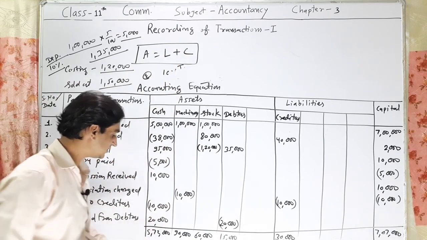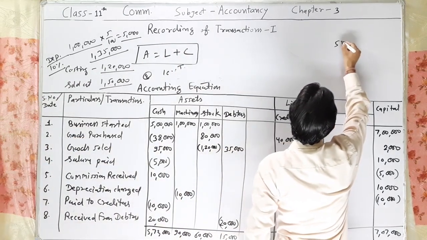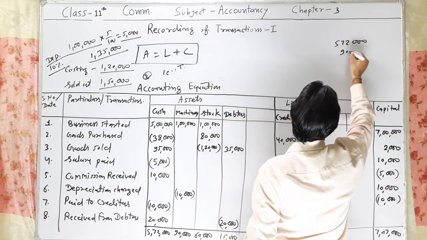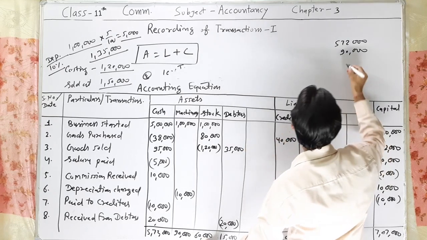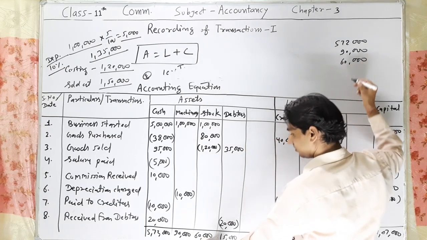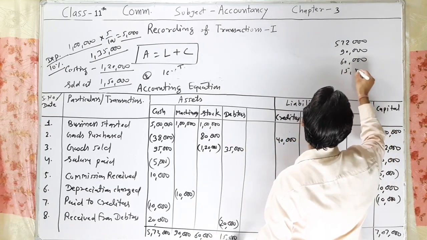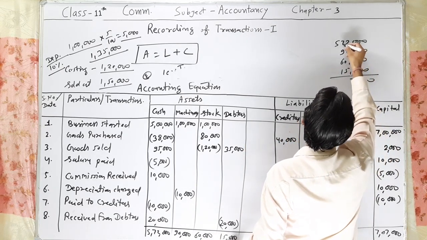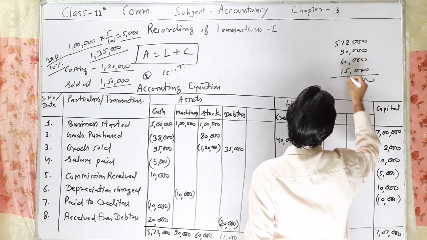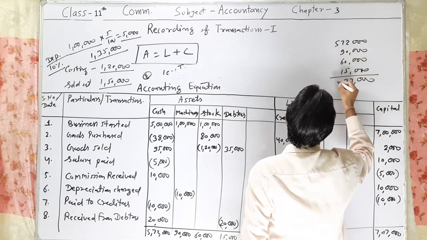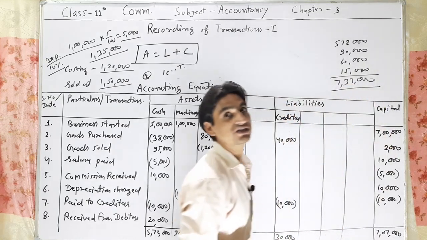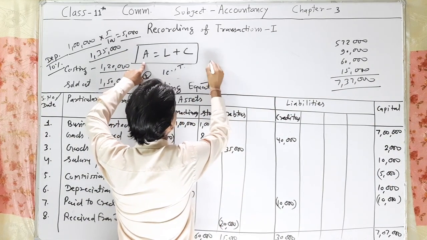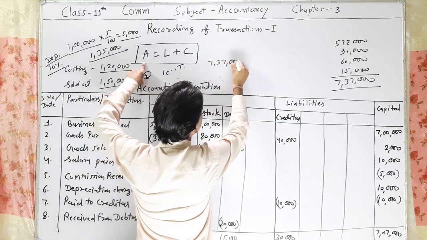The total of assets: 5 lakh 72,000 plus 90,000 plus 60,000 plus 15,000, which is 7 lakh 37,000. The balance of assets is 7 lakh 37,000.